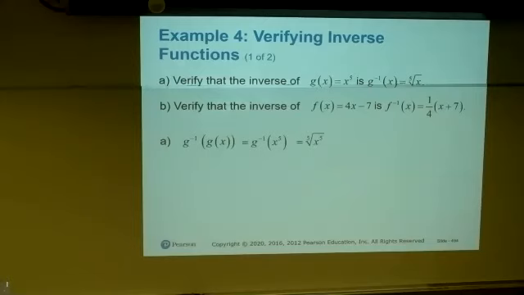Since g of x is x to the 5th, and g inverse is the 5th root of x, then g inverse of g of x is the 5th root of x to the 5th power, which is just x. And please notice the stipulation they put down there. If there are numbers you can't use in g, there are numbers you can't use in that composition.